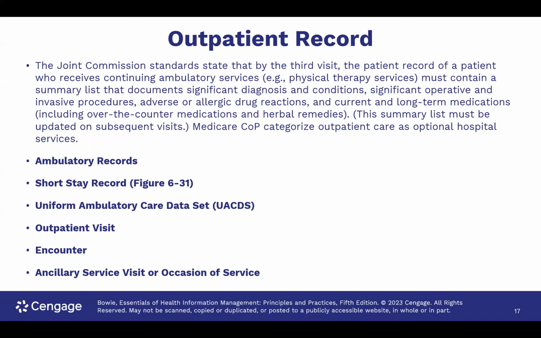In other words, this is a summary list, and we many times refer to this as the problem list. And what is this used for? Well, this is used in ambulatory records, the short stay records. It becomes part of the Uniform Ambulatory Care data set, and is listed in the encounters and the ancillary service visit or occasion of visit.